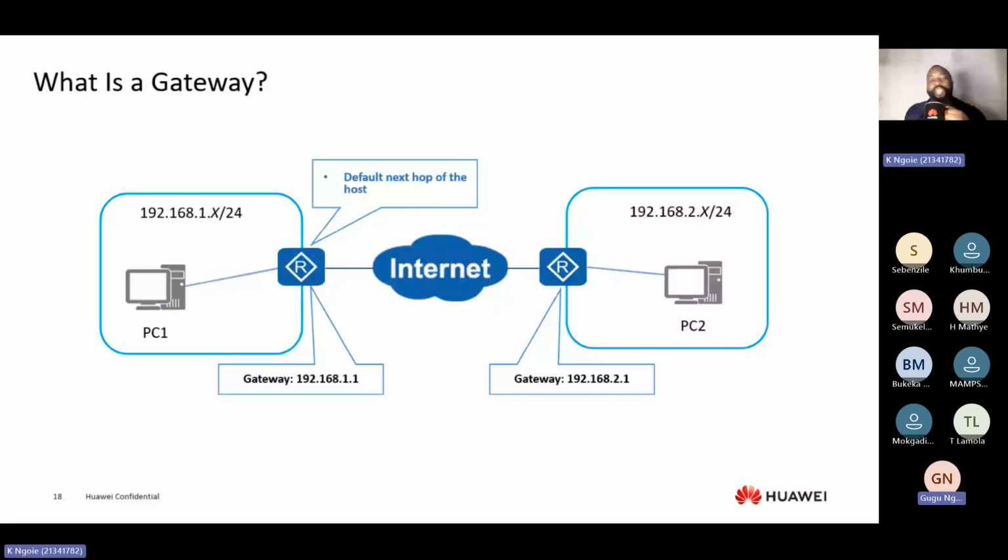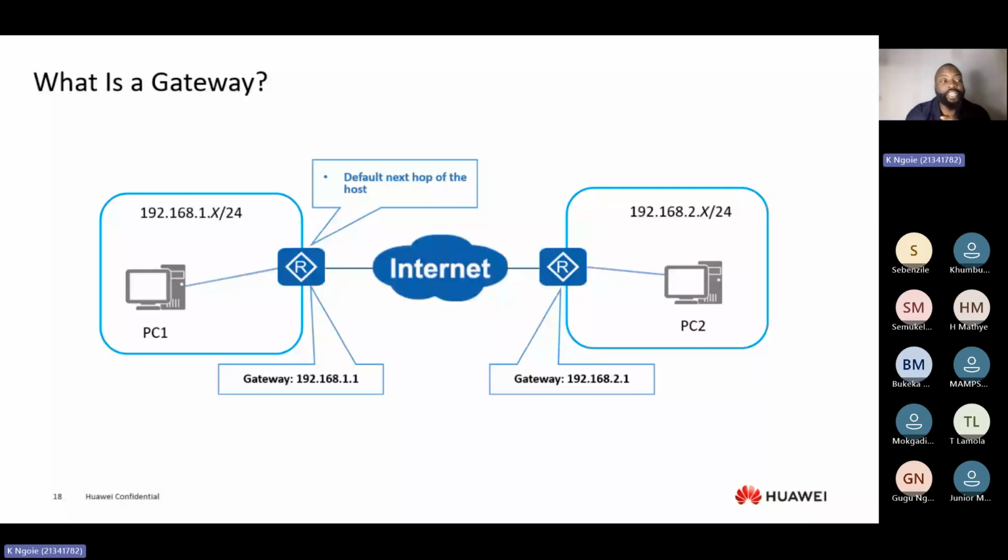What gateway takes the information from your computer to the internet? It's a device. Which device? An example is your router. Your router at home, the device that gives you the internet.